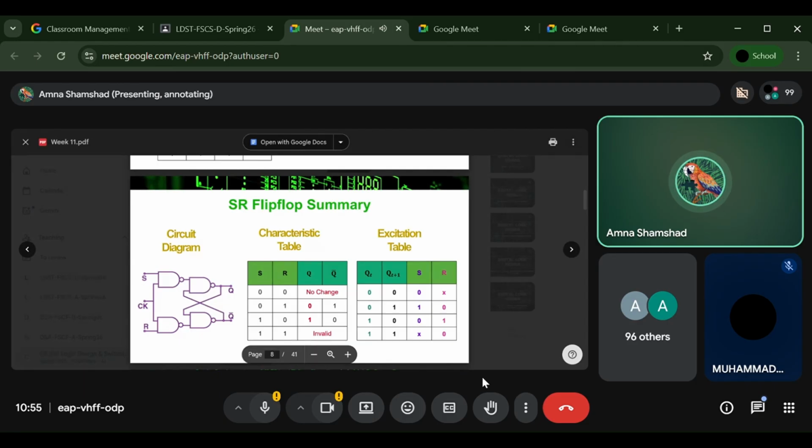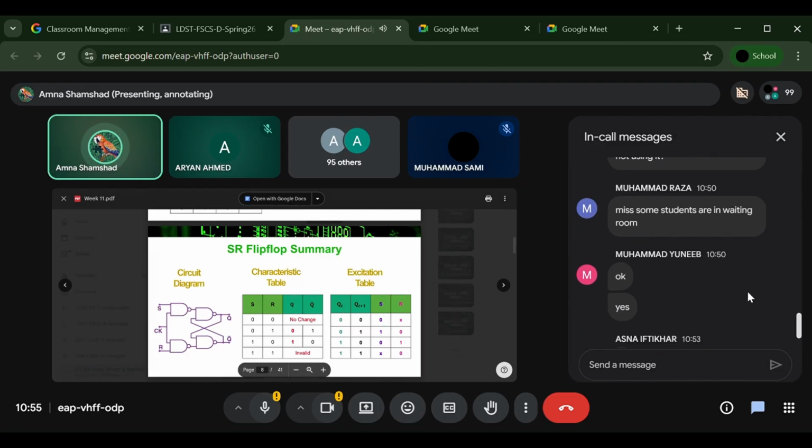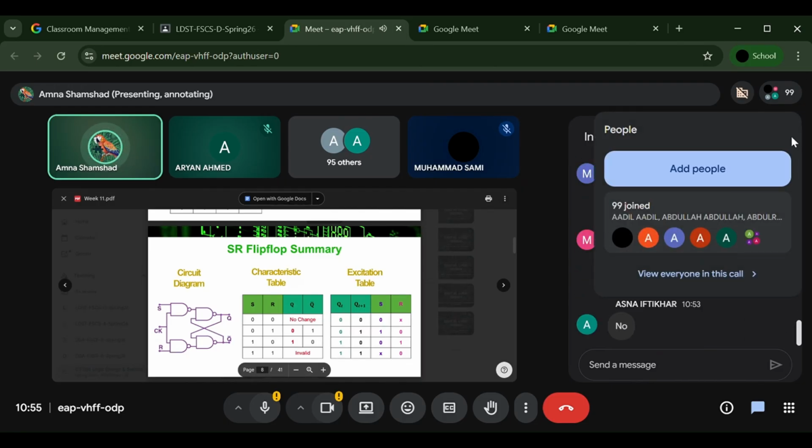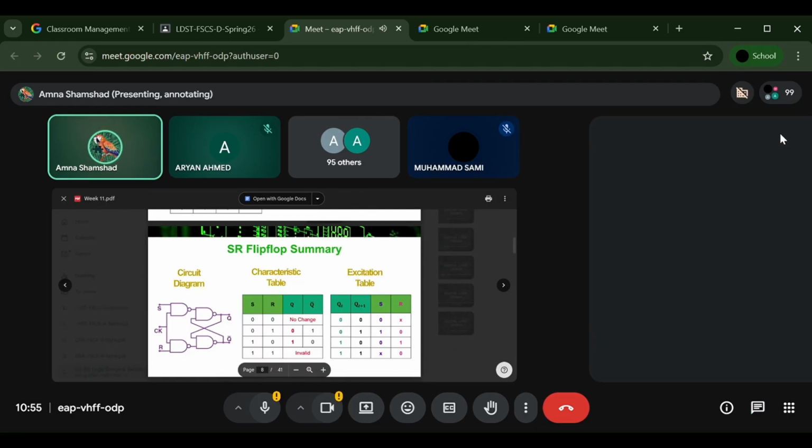This is 11. You can see the difference in JK and SR flip-flop, that in JK, the 1-1 combination is related to the toggling. But here you can see that 1-1 means indeterminate, that is an invalid high impedance state. Means there is no output on the signal 1-1.